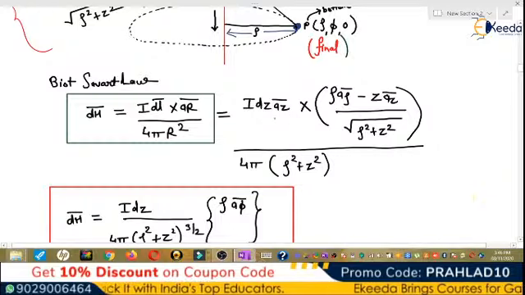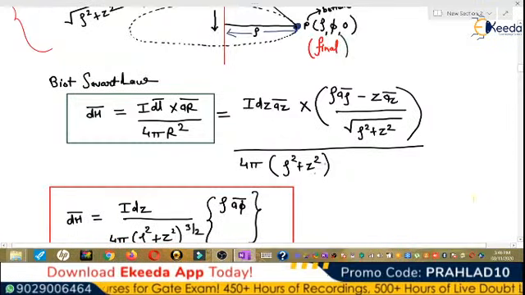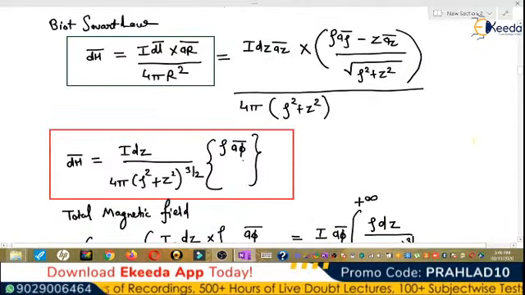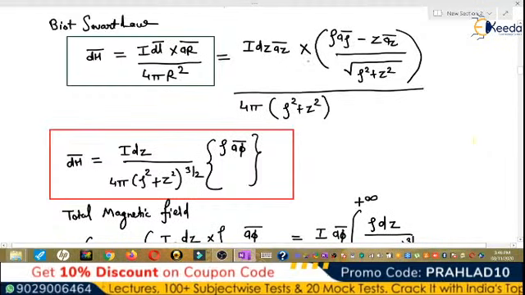So I dz az vector cross rho a rho minus z az by the square root of rho square plus z square, divided by 4 pi times rho square plus z square. So I dz upon 4 pi times rho square plus z square to the power of 3 by 2. az cross a rho is a phi, so it is rho a phi.